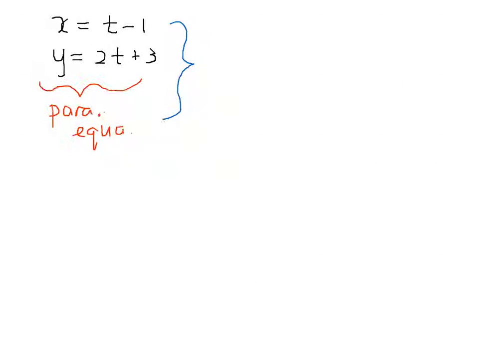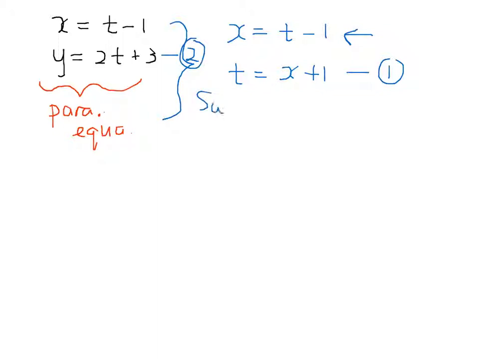Now that's very simple. All I need to do first is to solve for t here by using this x equation, and I will have t equals x plus 1. Now really this is the first equation. Let's call this the second equation. Essentially we just substitute equation 1 into equation 2, and finally you have this.